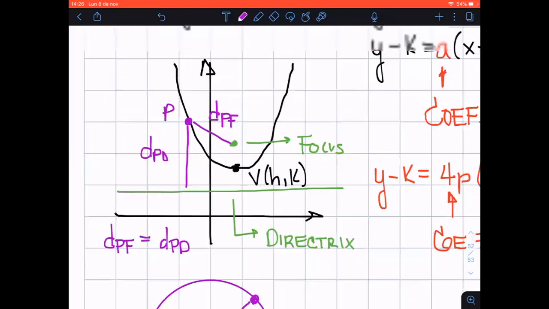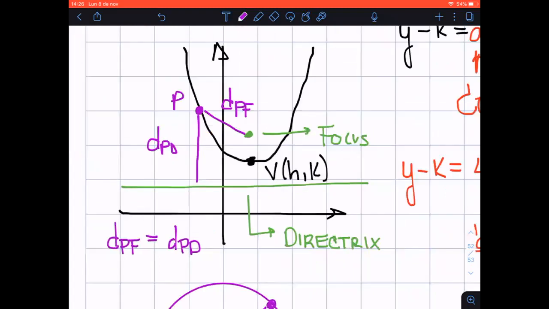Even though these two distances do not look equally scaled in this drawing, mathematically and geometrically, they should be equal, okay? In any point within the parabola, okay?